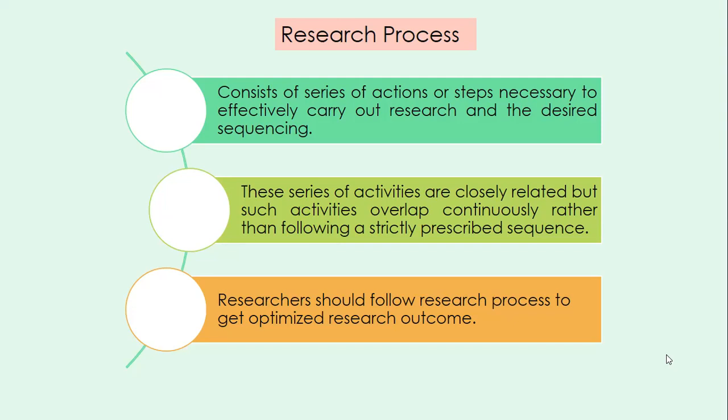These series of activities are closely related, but such activities overlap continuously rather than following a strictly prescribed sequence. For example, you have steps 1 to 10, and you can skip step 2 and continue to step 3 if step 2 will take you some time. However, make sure that step 2 is accomplished before finishing the process.